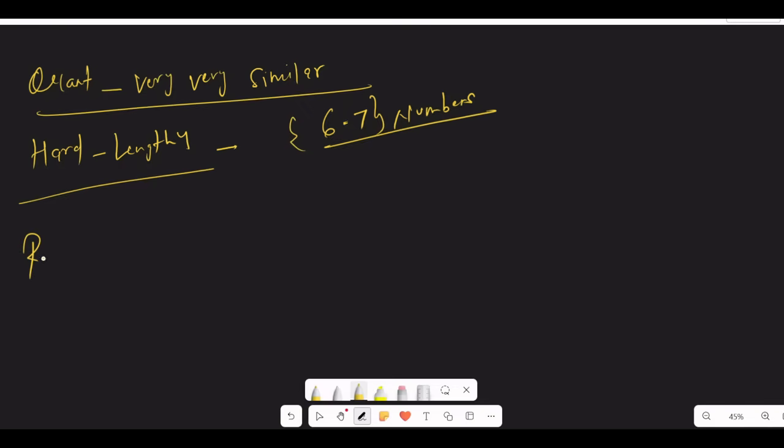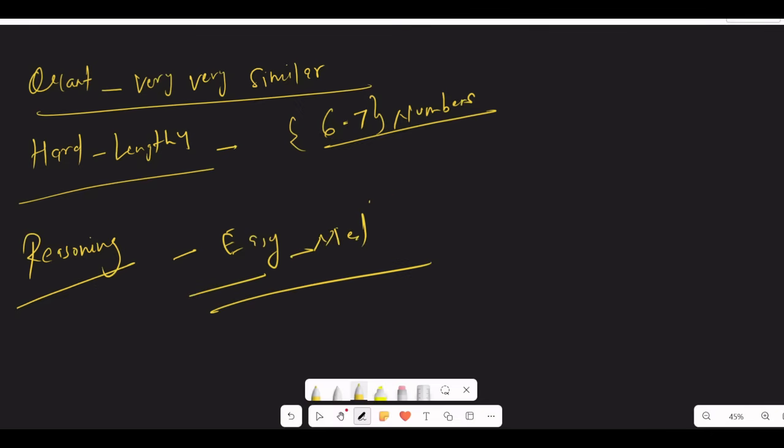For reasoning, today's reasoning was again easy to medium, as in all the shifts. The cutoff for reasoning you can expect between 10 to 12.